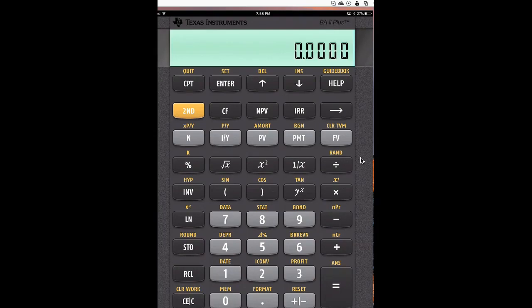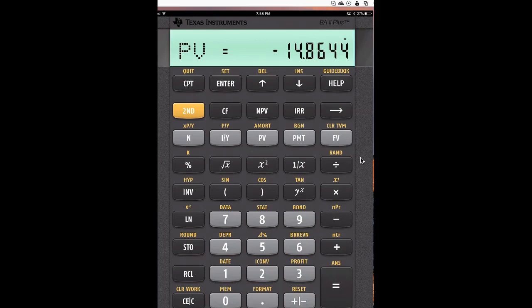If we want to find the present value of $100 received in the future, I'll hit 100 and then the FV button, then 20 and the N. I don't have any payments here yet, so we'll hit 0 and then payment, and the interest rate was 10%, so I'll push 10 and then the interest rate, and then hit compute, the button in the upper left-hand corner, compute, present value, and that will give me the present value of $100 received 20 years in the future at a 10% interest rate.